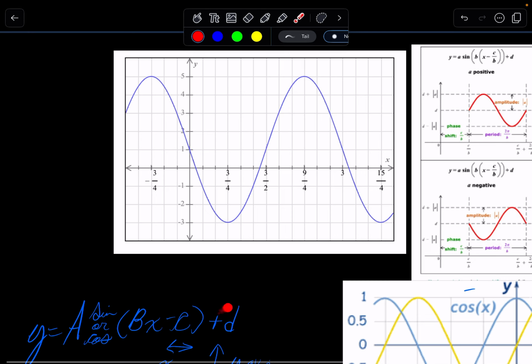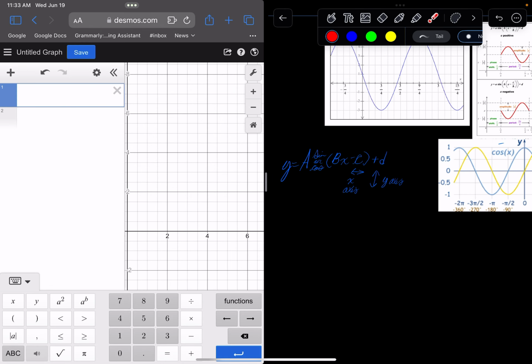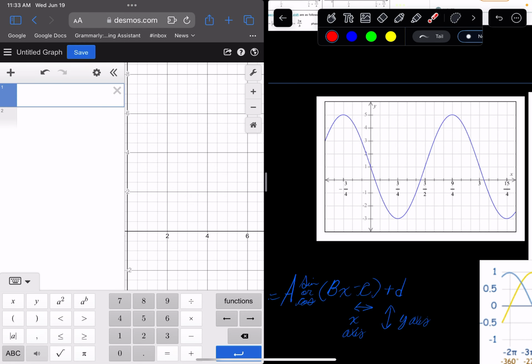So it looks like it's +1 over here. So we know, let's go to Desmos. We know it's a sine graph, so let's start with that. And then the parentheses, and then we know it's +1.